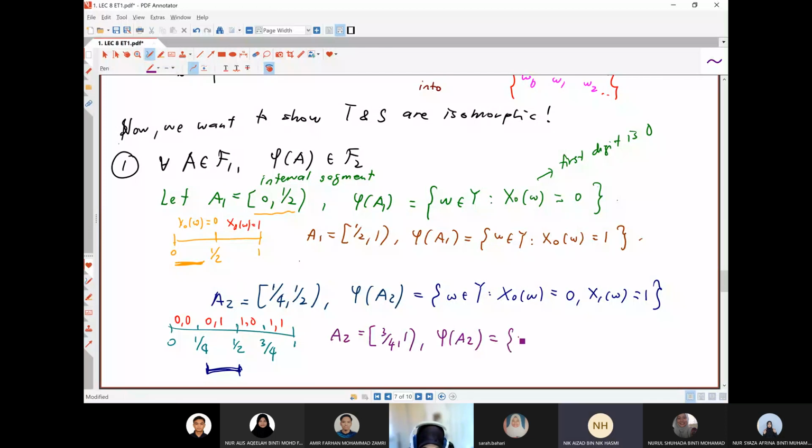So you can write as omega in Y. So the first digit is 1 and the second digit also 1, because this one is this part here. Okay, so far we are only interested with the different digits. Let's say I use this one and this one. I mean at 0, the first digit 0 and the second digit is 1.